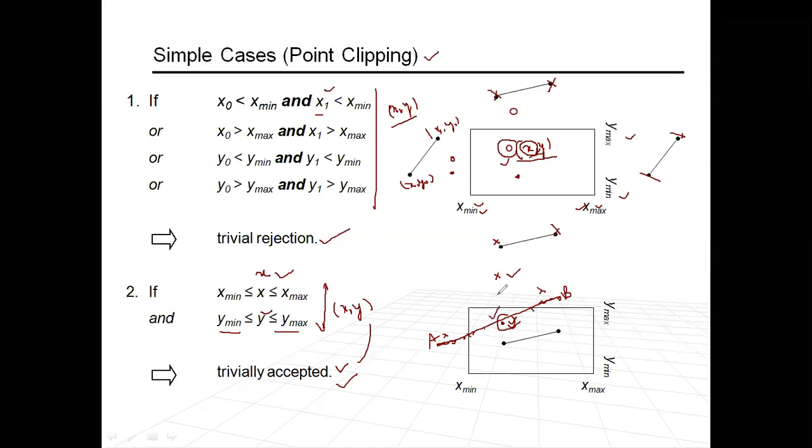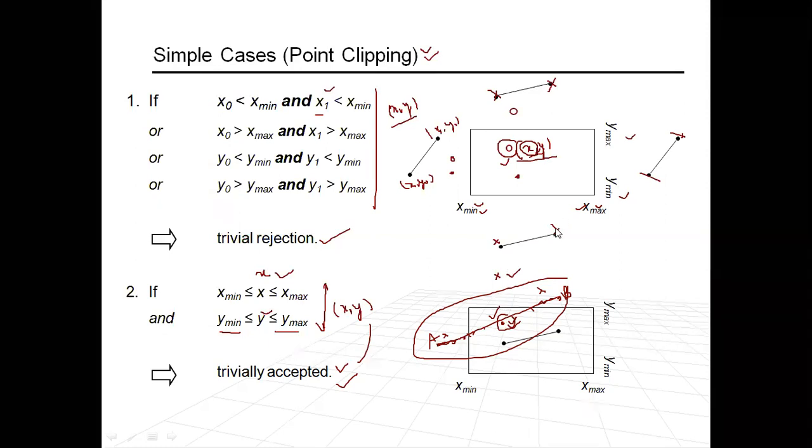But we cannot go with the line in the same manner as with the point, because it would be a complex procedure to check each and every point of a line.